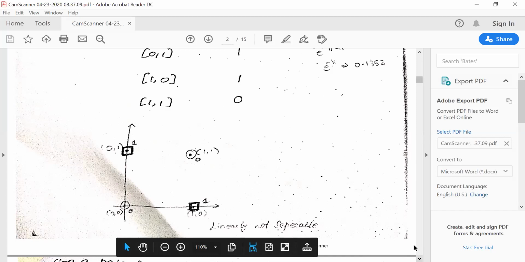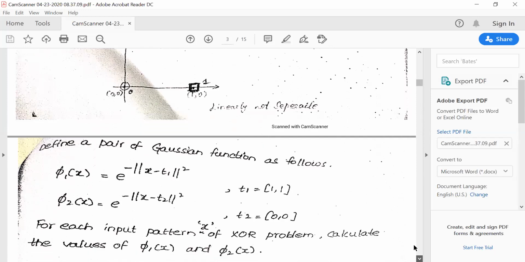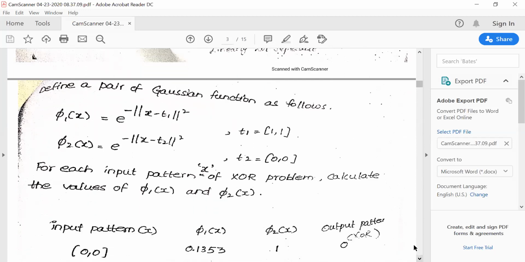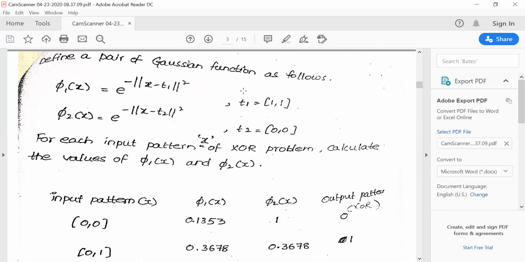Therefore, we need to map these inputs into some other space, maybe of the same dimension or of another dimension, 3 dimension or 4 dimension, something like that. But for this example, we are using the same dimension, and we'll map them into some feature space that is linearly separable. For that, I'm defining two functions, which are Gaussian functions. Phi1 of x is e power minus ||x minus t1|| whole square, assuming the center t1 as (1,1), and phi2 of x is e power minus ||x minus t2|| whole square, assuming the center t2 as (0,0).